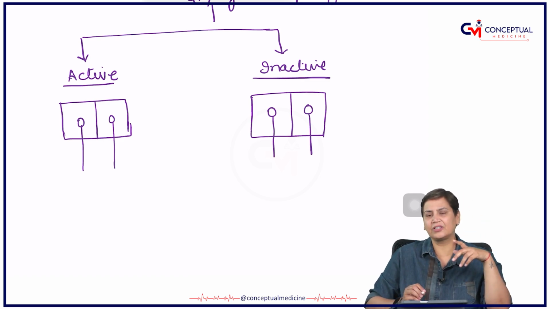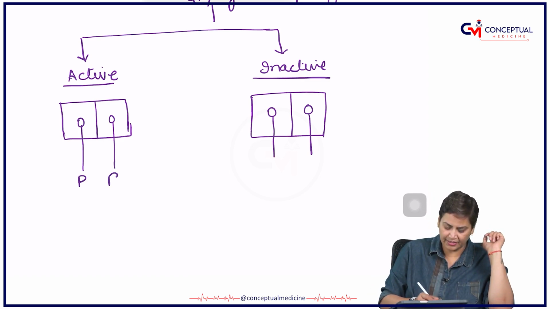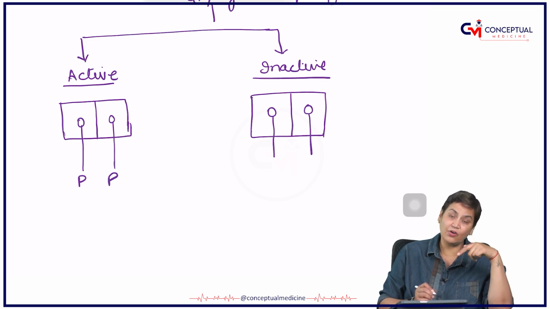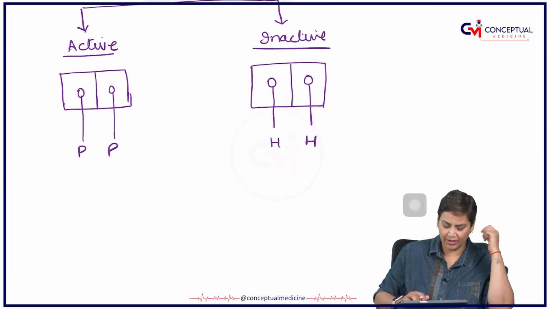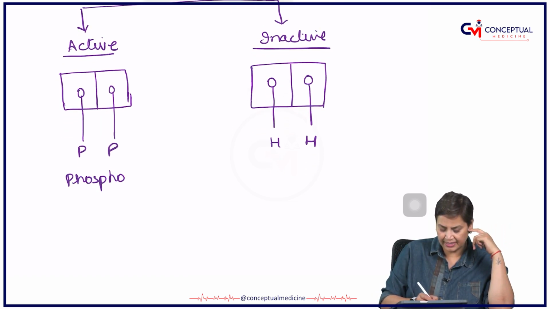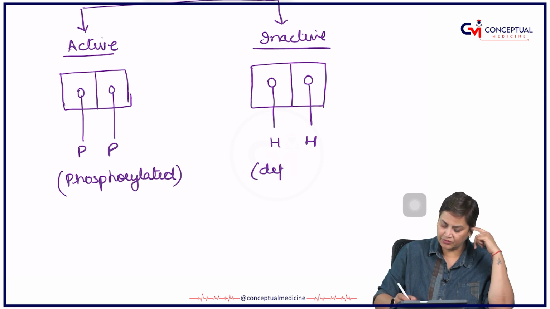In glycogen synthase, the active form was dephosphorylated and the inactive form was phosphorylated. Here it will be the reverse. So I can simply write it like this, that this is phosphorylated and this is dephosphorylated.